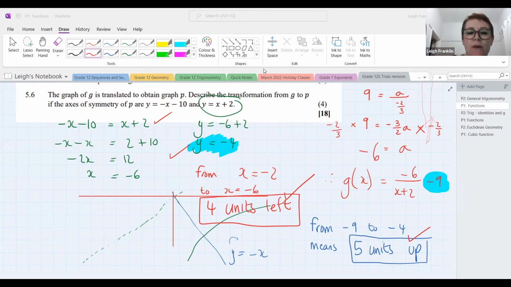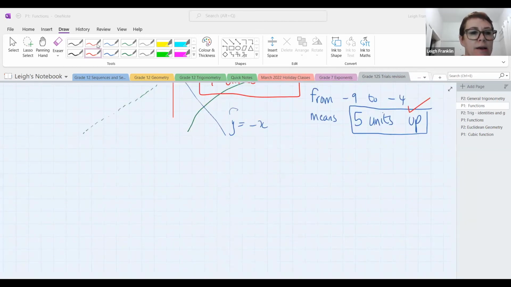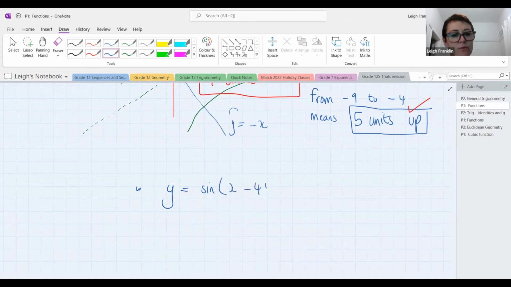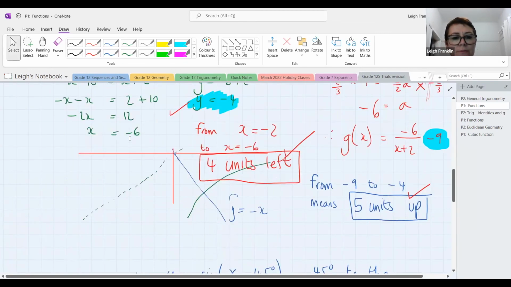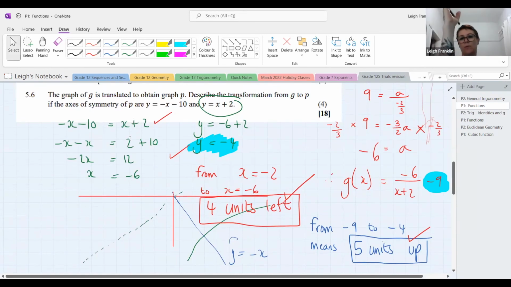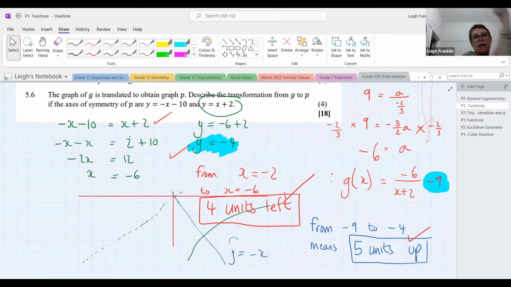So in a trig function, if you say y equals sine of x minus 45 degrees, this means that there has been a shift 45 degrees to the right. So here we went from the line x equals -2 to the line x equals -6. So that means that we shifted 4 units to the left.